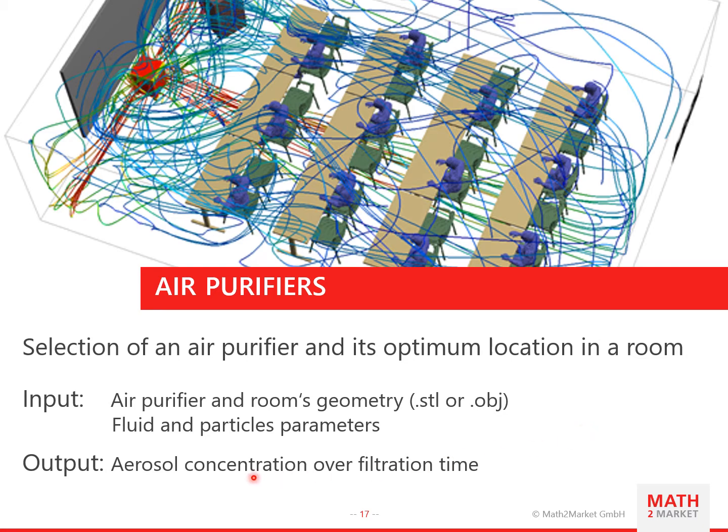And besides that, of course, we also need the fluid, which is air, and the particle or aerosol parameters. And the output data is mainly the aerosol concentration, or the variation of aerosol concentration as a function of the filtration time.